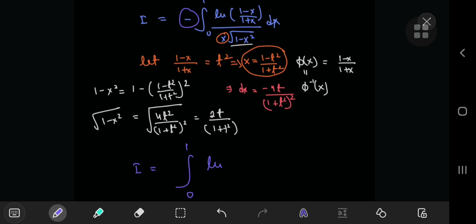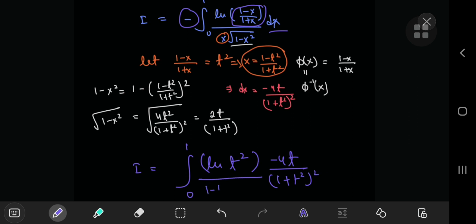The natural log of this term here is just t squared, right? So here we have t squared. Then we have this differential element, which is in fact negative 4 times t divided by 1 plus t squared squared. And all of this is divided by x.